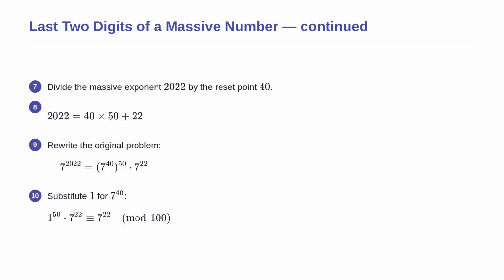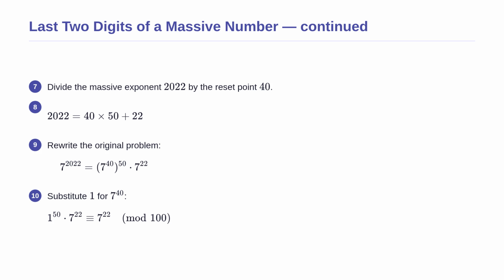Now that we have our reset point, we will break down the massive exponent 2022 into chunks of 40. We divide 2022 by 40 and find it goes in exactly 50 times with a remainder of 22. Using basic exponent rules, we rewrite our original problem to separate the 50 groups of 40 from the leftover 22.